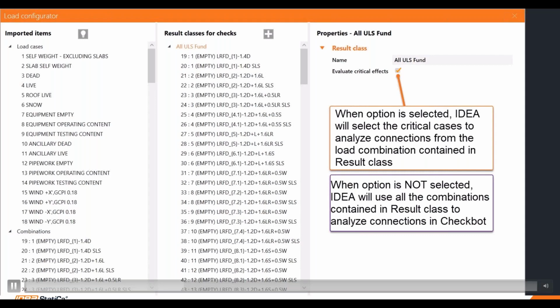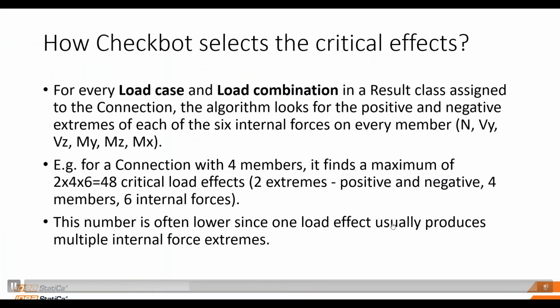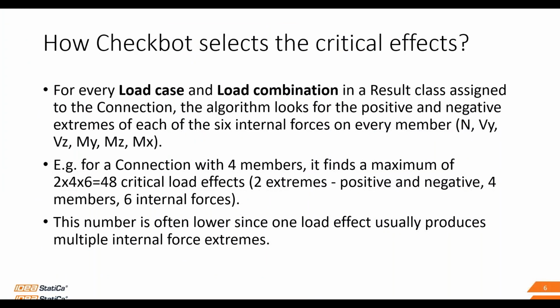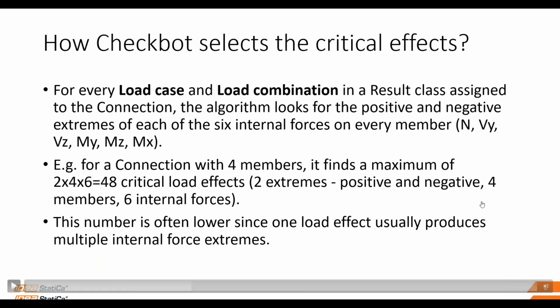So you may wonder how we select those critical cases, right? I have this slide to explain that. For every load case or load combination that is in that result class, the algorithm looks for the extreme positive and negative value of each of the 6 internal forces on every member. So let's say we have a connection with 4 members, as you are seeing here. It finds 2 extreme positive and negative values for the 4 members for the 6 internal forces, all right?